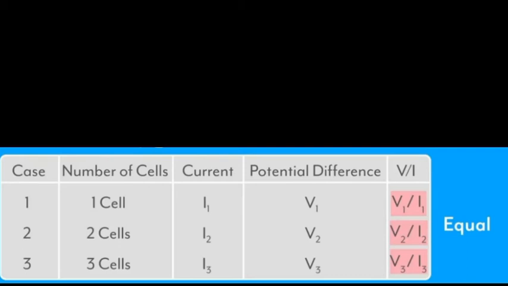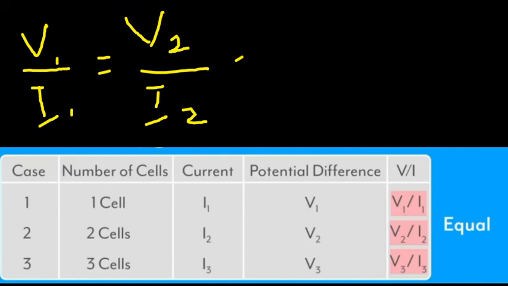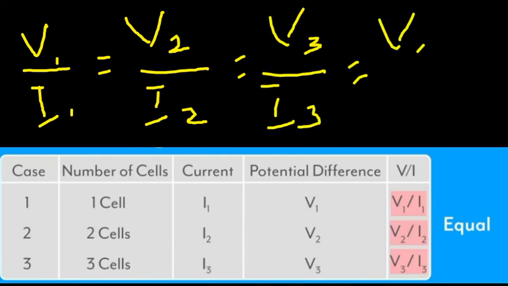We can see that in each case the current and potential difference values are different, but the ratio between the current and potential difference always remains the same. For the same material, when we add cells, we are increasing the potential difference, so the voltage values increase and at the same time the current also increases.